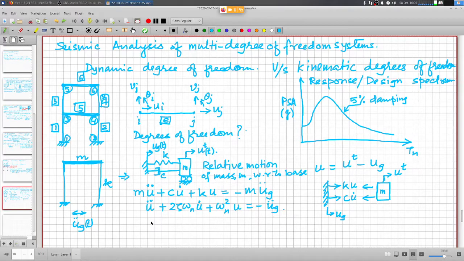So we have K u plus C u dot is equal to m, for time invariant mass, for mass invariant systems.